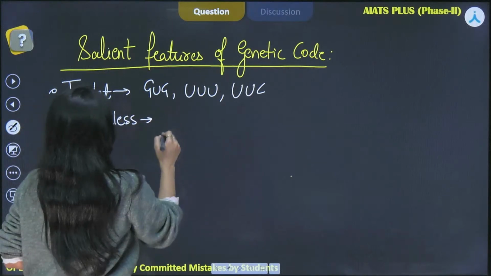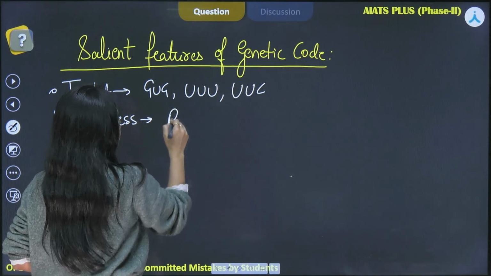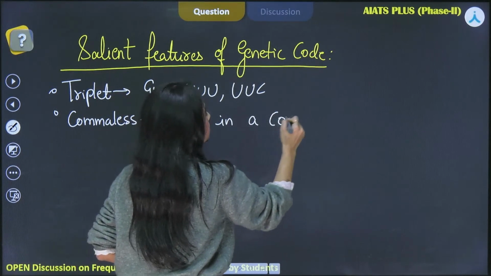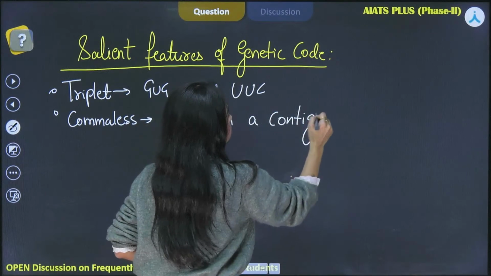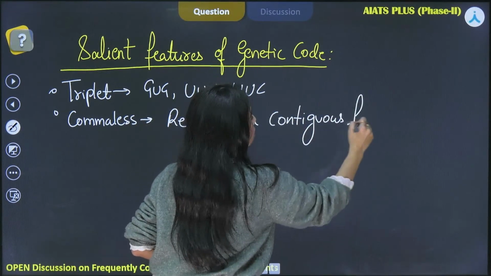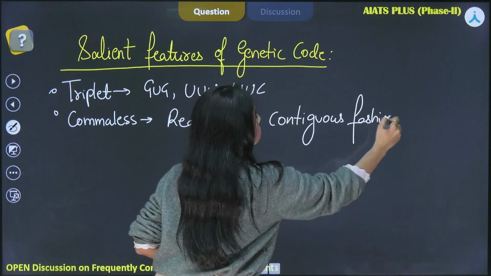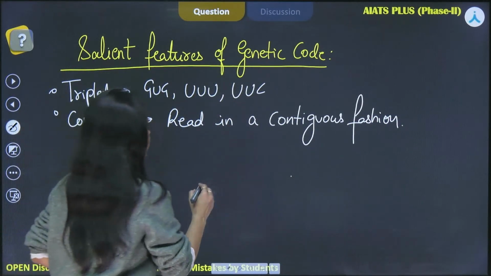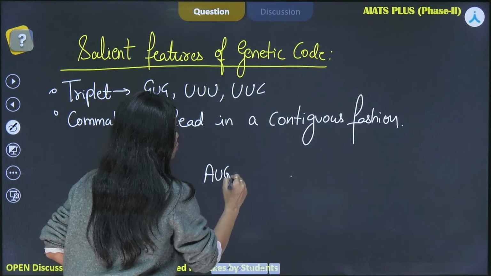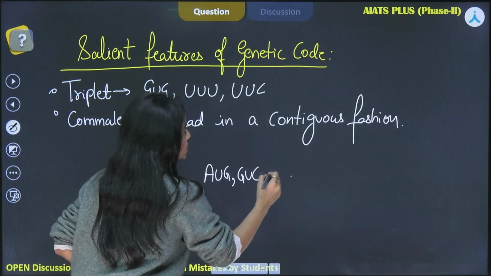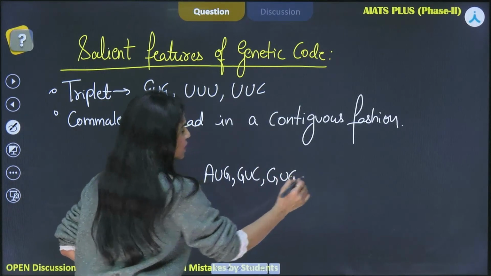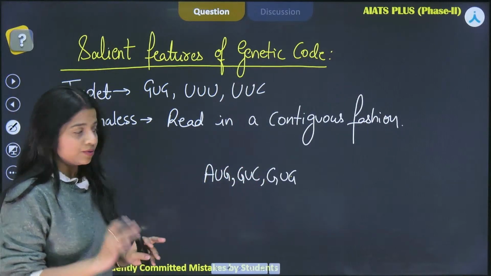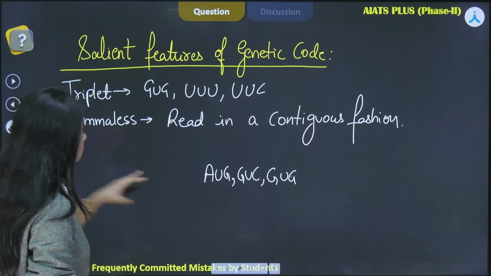So the genetic code is read in a contiguous fashion, or contiguous manner, we can also say. If I am writing a genetic code, I will not write it as AUG, GUG, GUC, GUG or whatsoever. I will not put the comma over there. It is read in a contiguous fashion, okay, so it is comma-less.